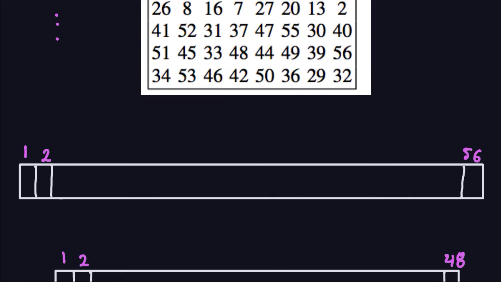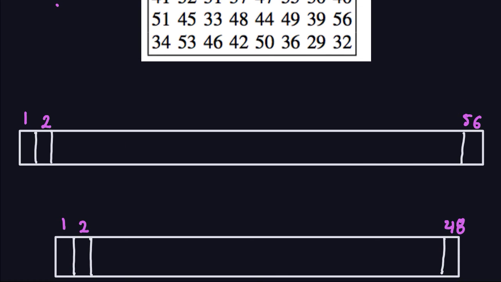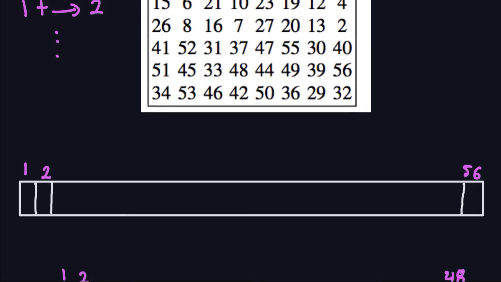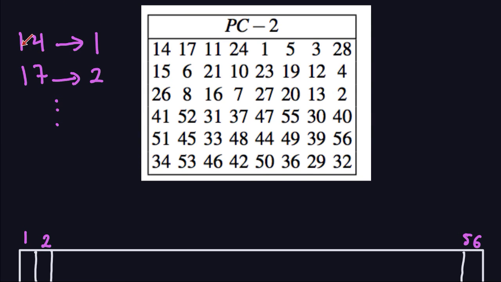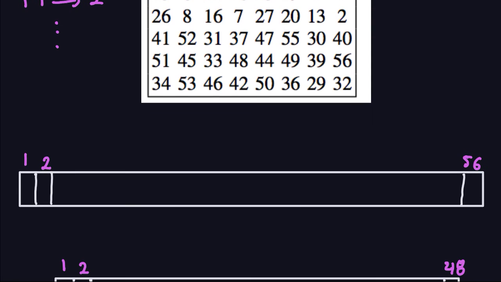Let's say I have my 56 bit block here, and I'm going to transform it with the PC2 into this 48 bit block right here. Let's look at this operation: 14 goes to 1. What that means is whatever is in position 14 of this block, let's say it is over here.